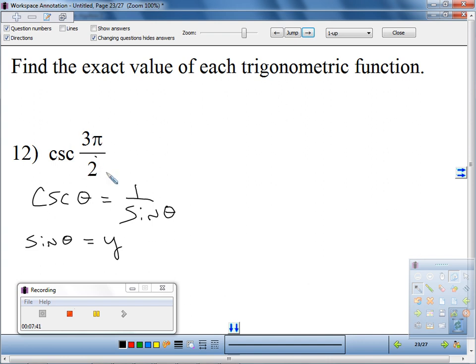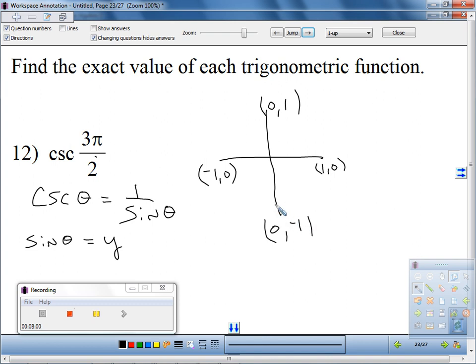Now 3 halves, again, we're not going to use a reference angle because we're going to be on either the x or the y-axis. So we know that this is 1, 0, 0, 1, and then this would be negative 1, 0, and then 0 and negative 1. Okay, so we're down here.